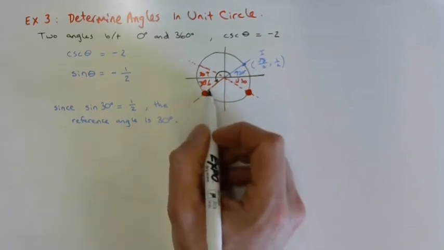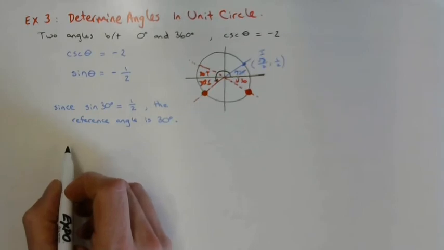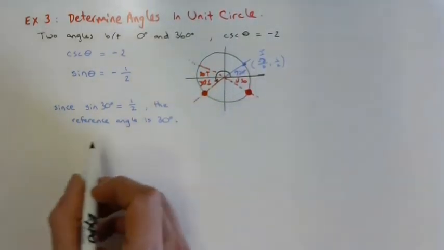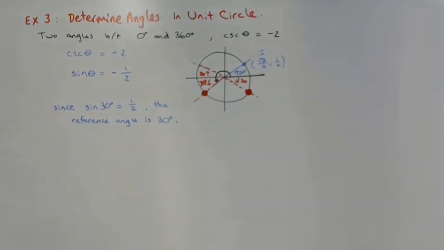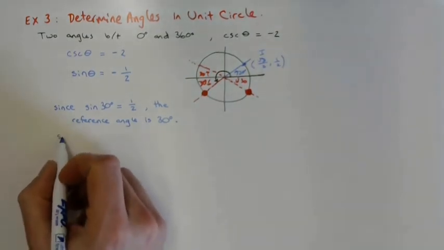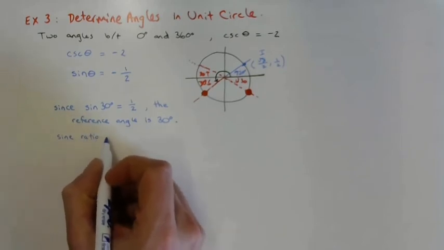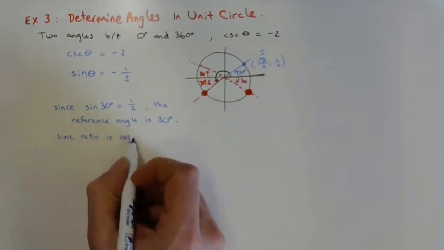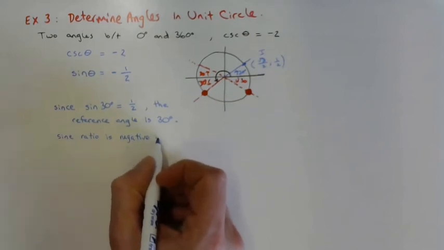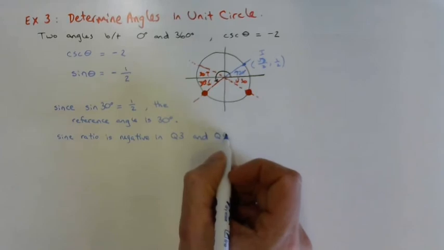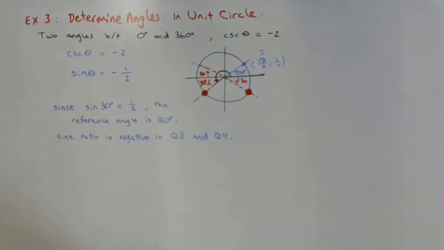So let's write that. First of all, we figured out where the sine ratio is negative. Sine ratio is negative in Q3 and Q4. We were both right, like always.